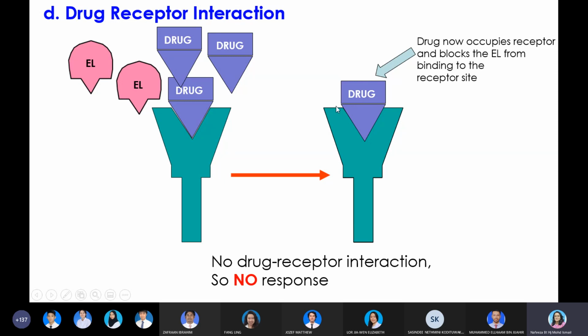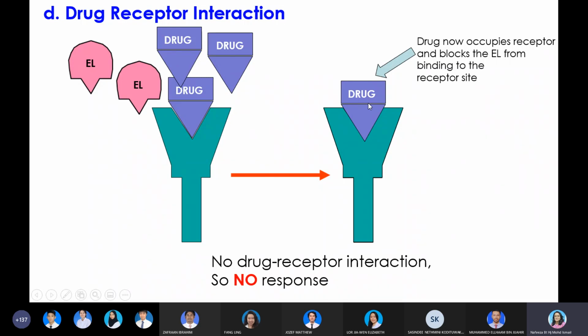Because the drug actually binds to the receptor, and you might think you get a response. You actually don't. You actually block the response of the endogenous ligand. And so that's why we say this drug is a blocker. It's an antagonist. Because when an antagonist binds to a receptor, it does not stimulate the receptor. Hence, there's no response being produced by the drug itself.